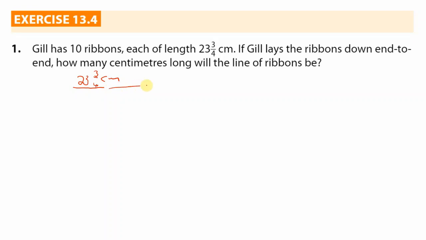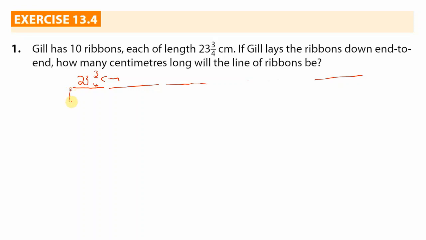We lay another one next to it of the same length and another one the same length. So each one is 23 3/4 of a centimeter, and we do it until we have 10 of them next to each other.